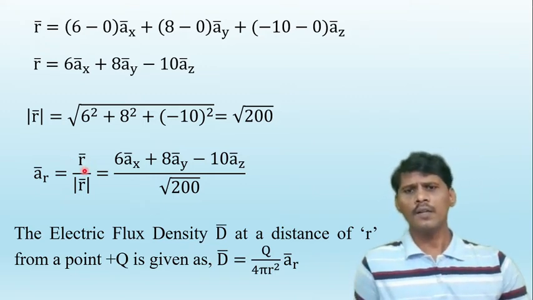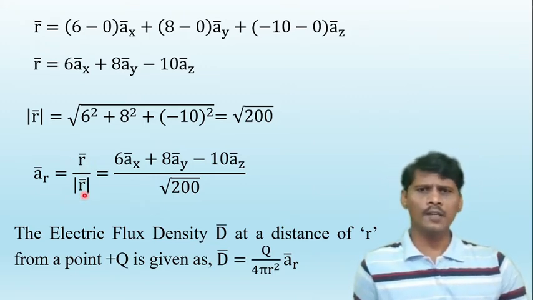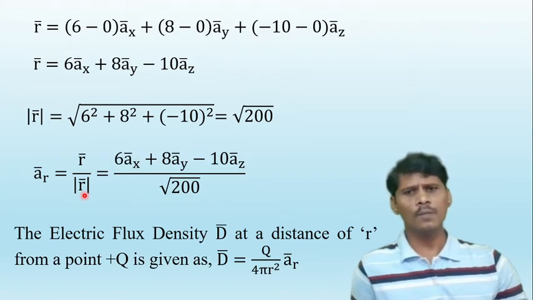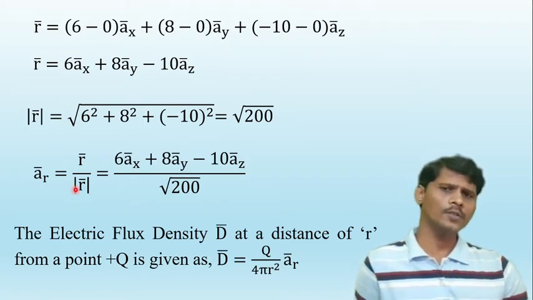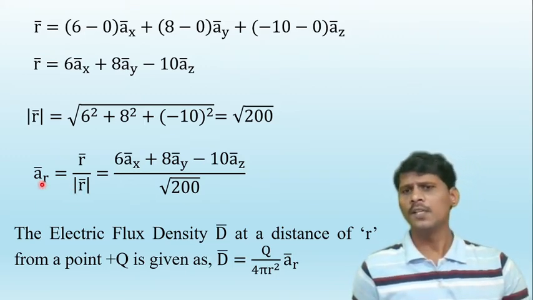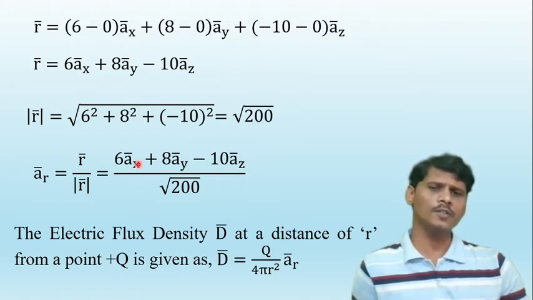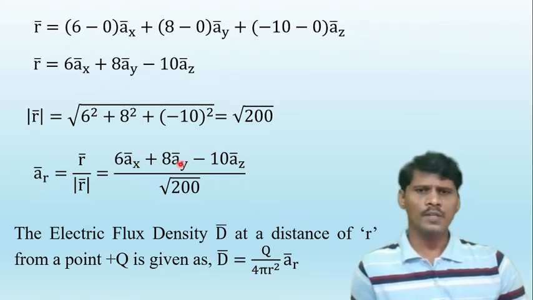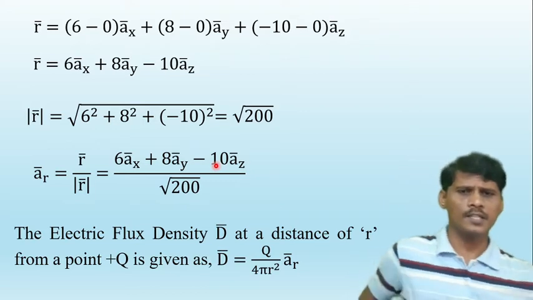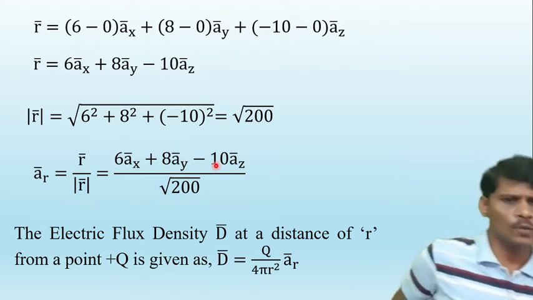The r bar and the magnitude of r bar are already calculated. Substituting these values into the equation, we get the unit vector a_r bar equal to (6 a_x bar plus 8 a_y bar minus 10 a_z bar) by square root of 200.